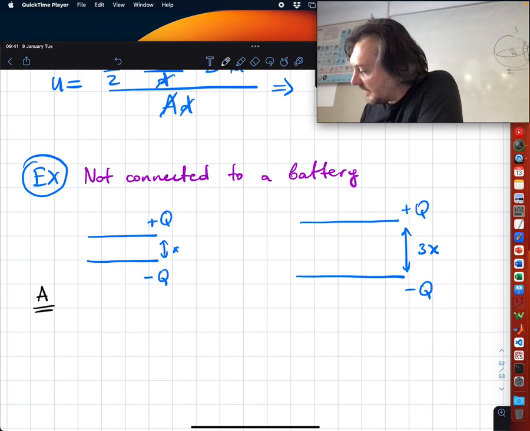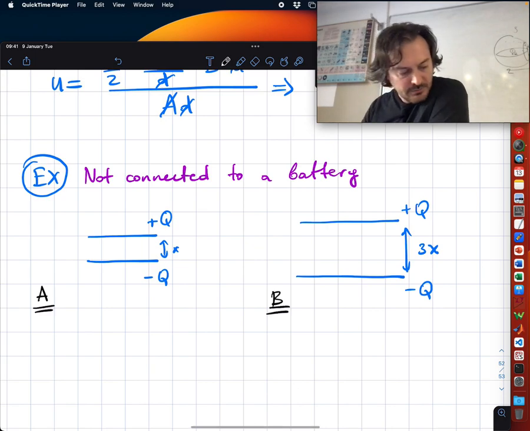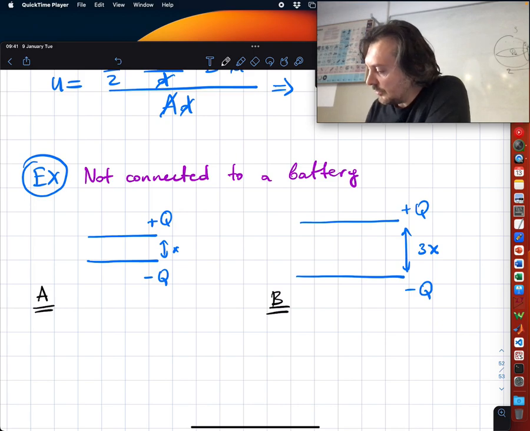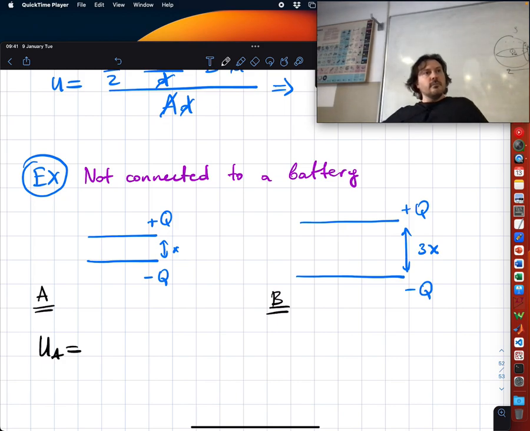So I'm going from the situation A to the situation B. The question is, first of all, can you find the potential energy in both cases? Let's find the potential energy UA. What is UA? Why did you say minus? Wasn't it like that?